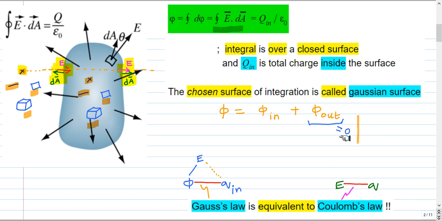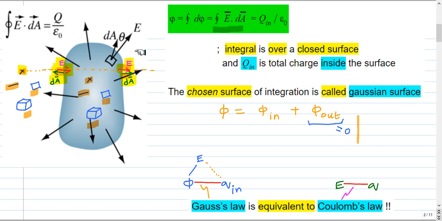We can have some understanding of this by taking this point charge here. The electric field due to this point charge at this point is towards the right, and here it is again towards the right. But the elemental area vector at this point is towards the right, which is in the same direction as the electric field, while here it is the outward normal, which is towards the left.